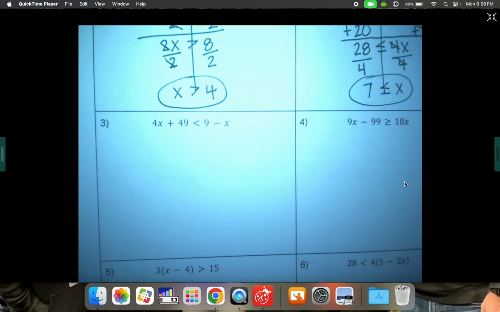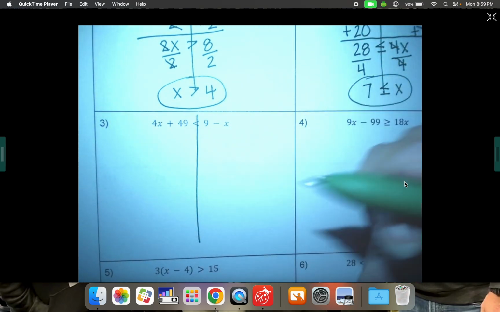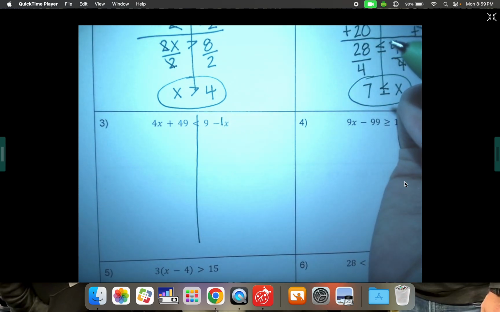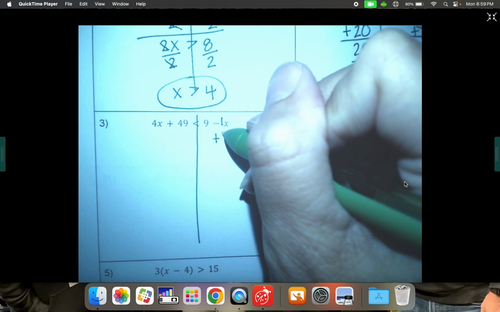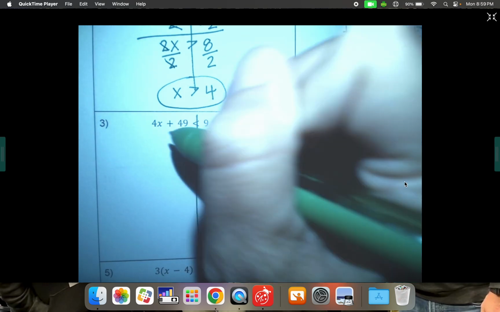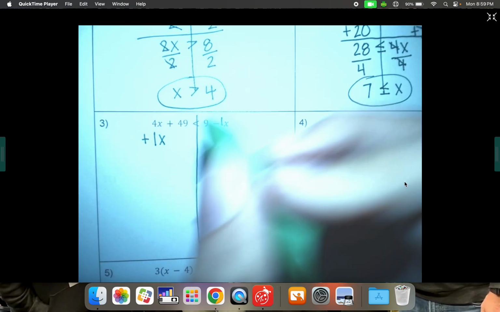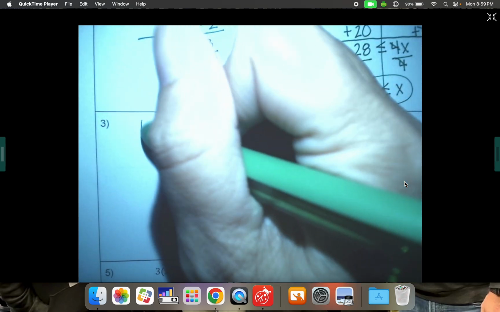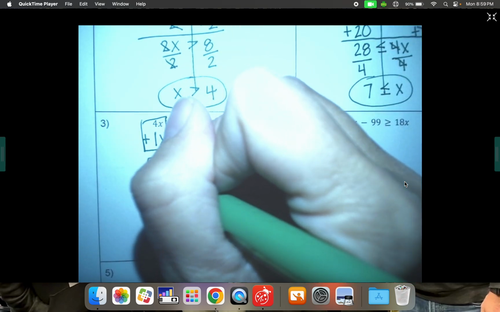All right, number 3. I'm going to get rid of this minus 1x first. I'm going to choose to add 1x to both sides. Again, not the only thing you could have done first. That was just my choice. So 4x plus 1x is 5x.